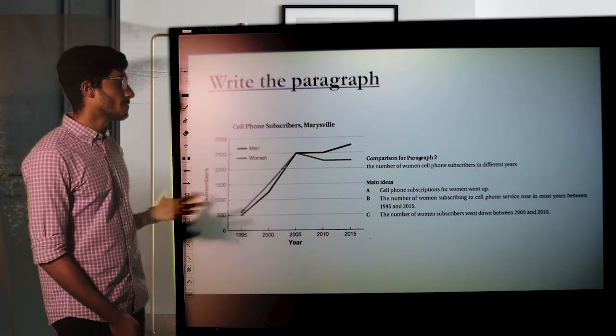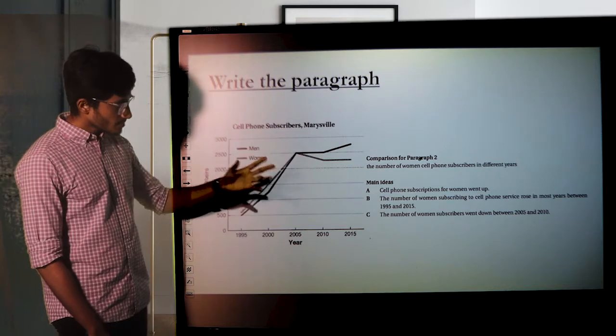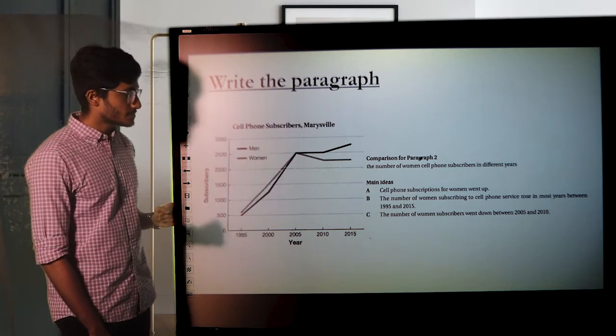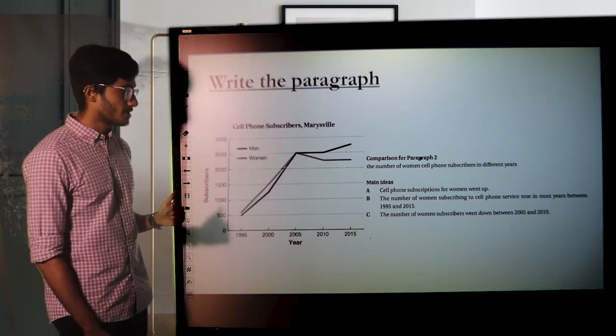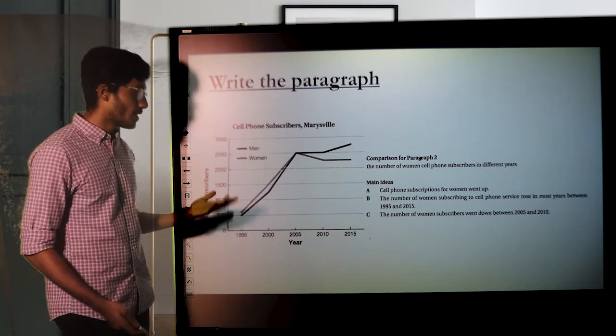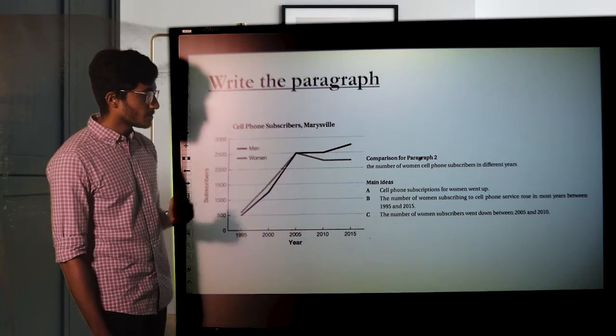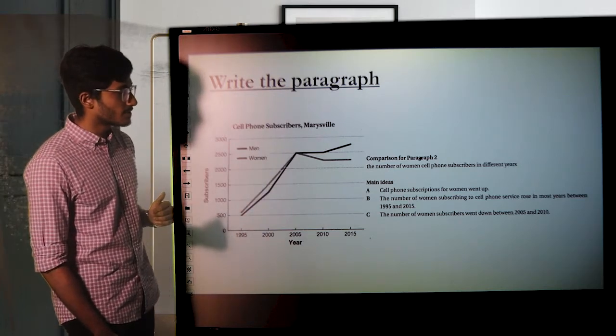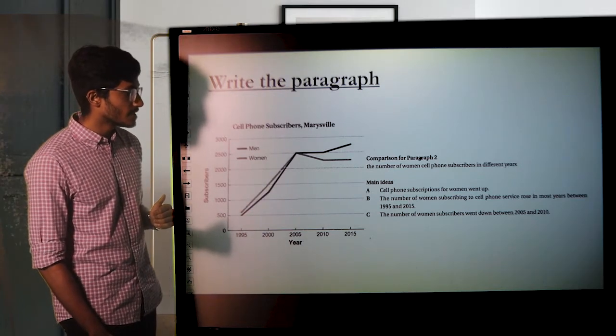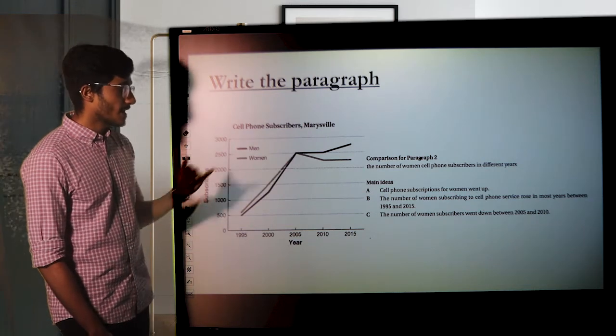Similarly, for the woman comparison, we have "cell phone subscription for women went up." But went up when? It's too vague. "The number of women subscribing to cell phone services rose in most recent years between 1995 and 2015."